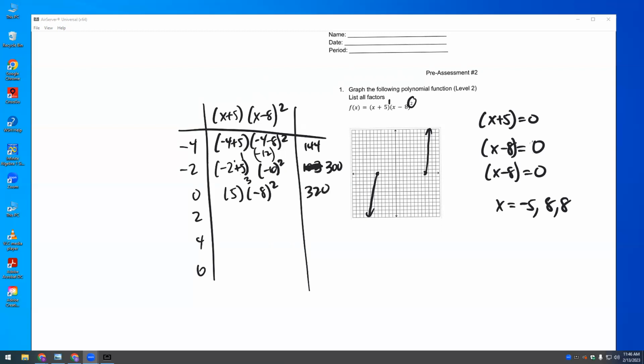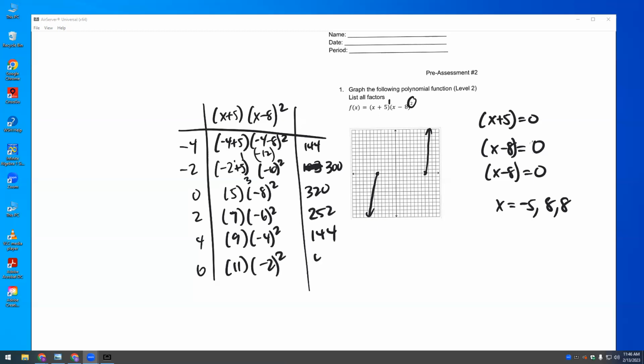And then at 2, 2 is 7, and then -6 squared. 6 squared is 36 times 7 is 252. And then this is 9, and then -4 squared, 16 times 9, 144. And 6 would be 11, and -2 squared.